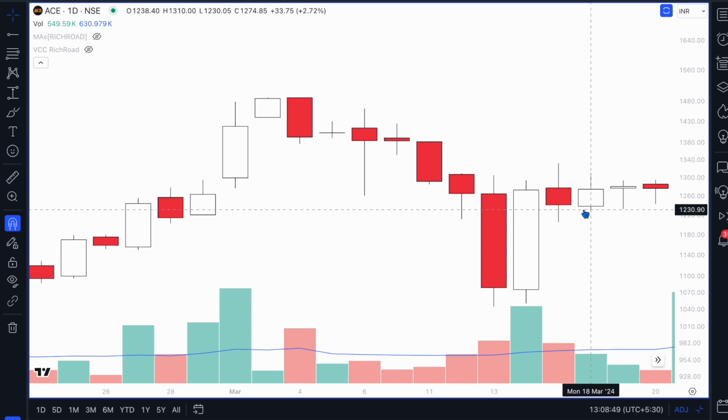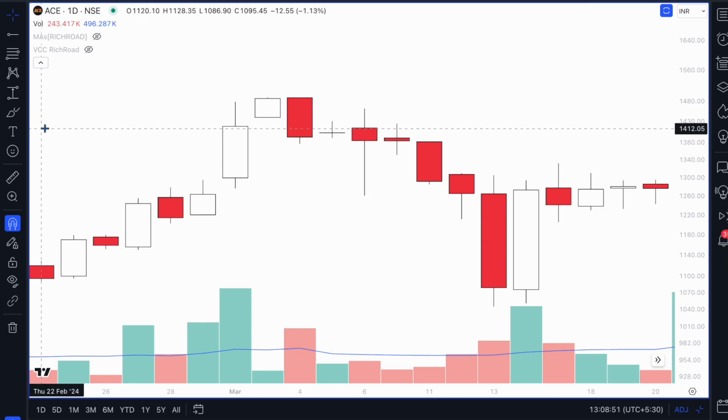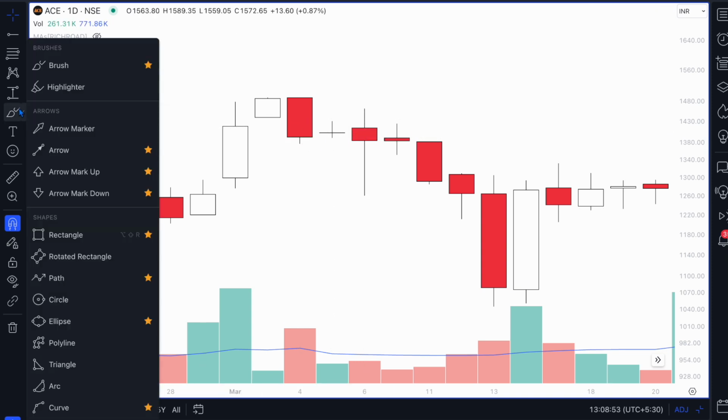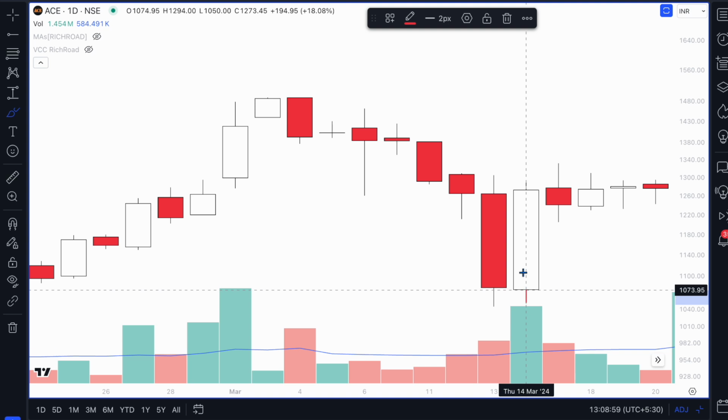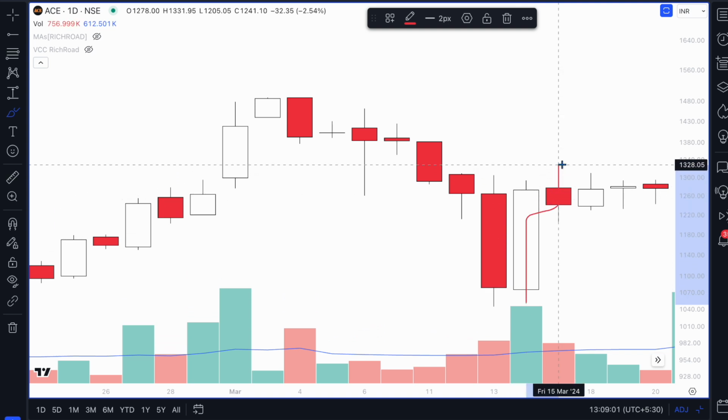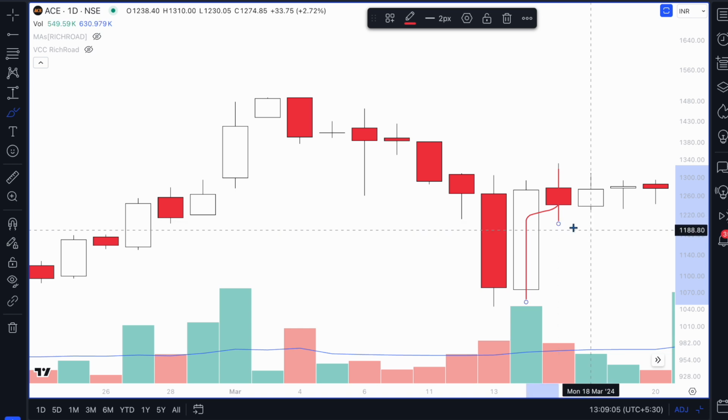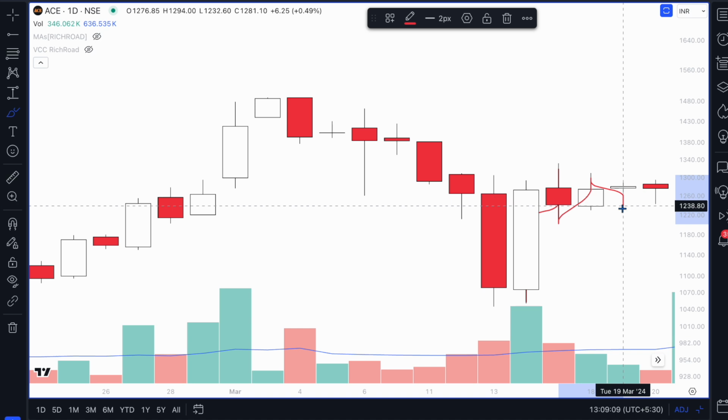See, what happened here is, there was an amazing structure that I'll show to you. The price went up and then went down, right? After going down, it then went up and then went sideways.